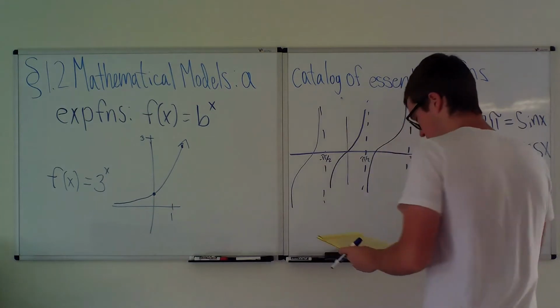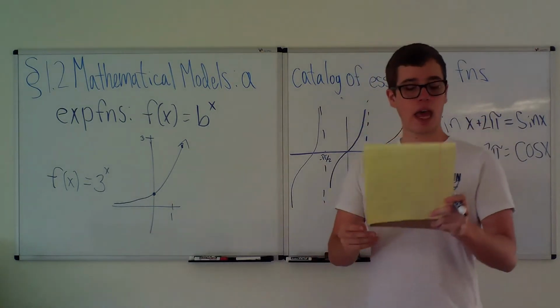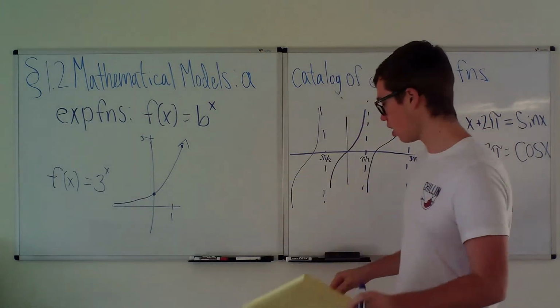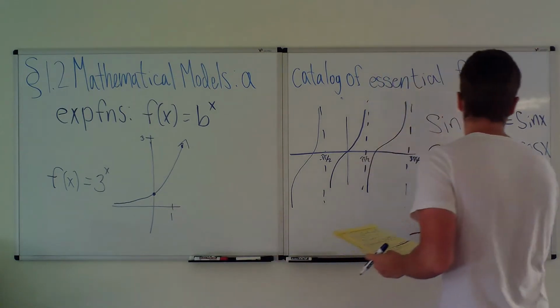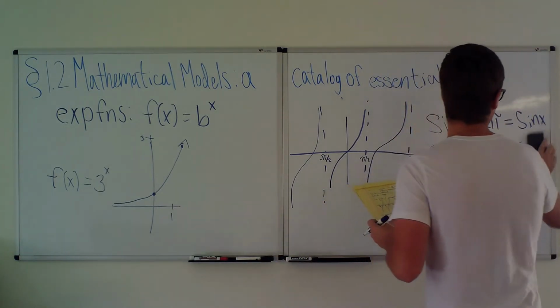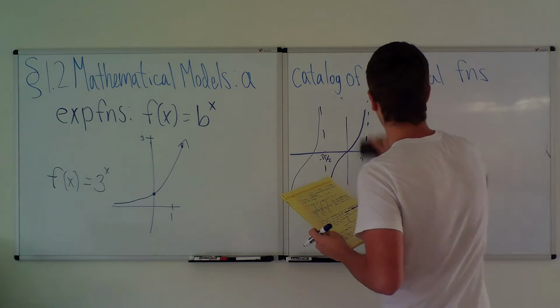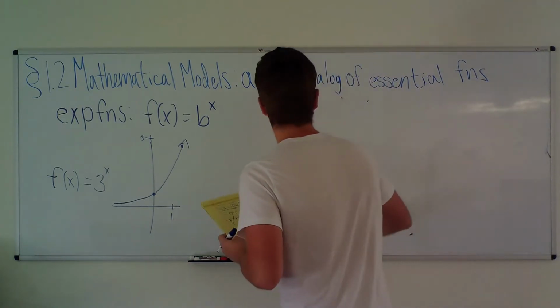So now on to logarithmic functions. They have the form f of x is equal to log base b of x. So, looks a little different. Give me one sec while I erase.